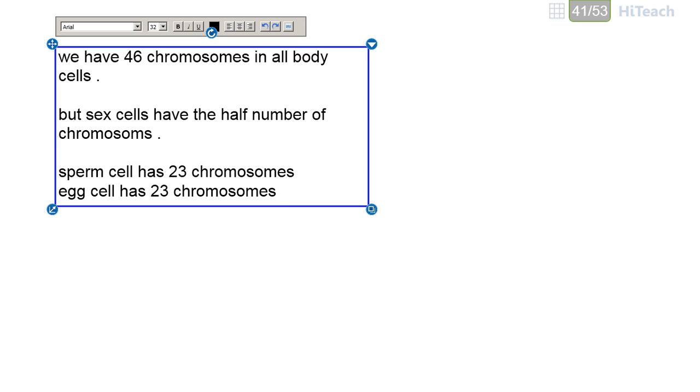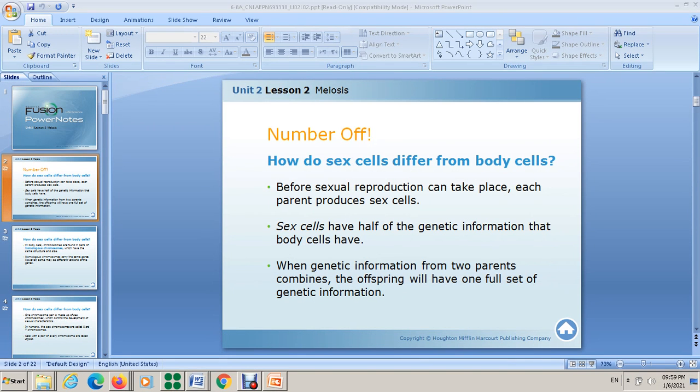You can see now the difference between the body cells and the sex cells. The sex cells have half the number of chromosomes, okay? But the body cells have what? The full number of chromosomes. Okay, so you have question 5 here in your book. Let's solve it together.